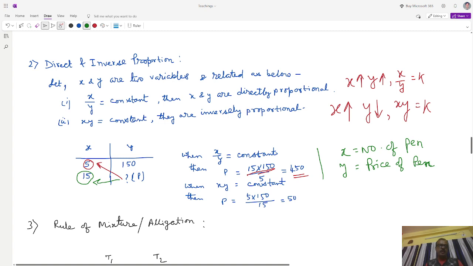In this case, the price of 5 pens equals 150. What will be the price of 15 pens? So using this, we can say easily that the price of 15 pens is equal to 450 rupees. Okay.